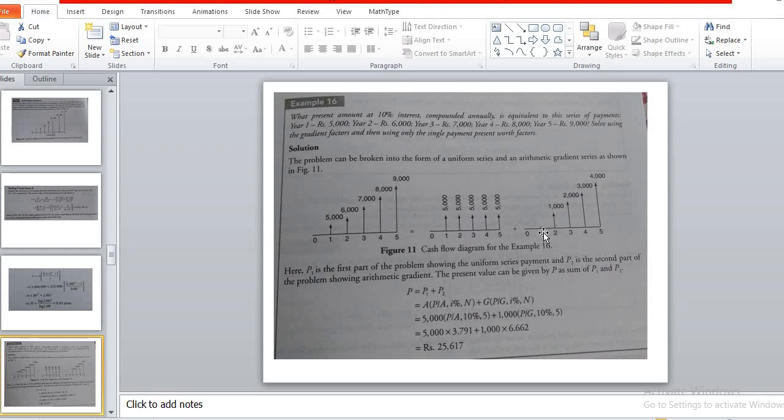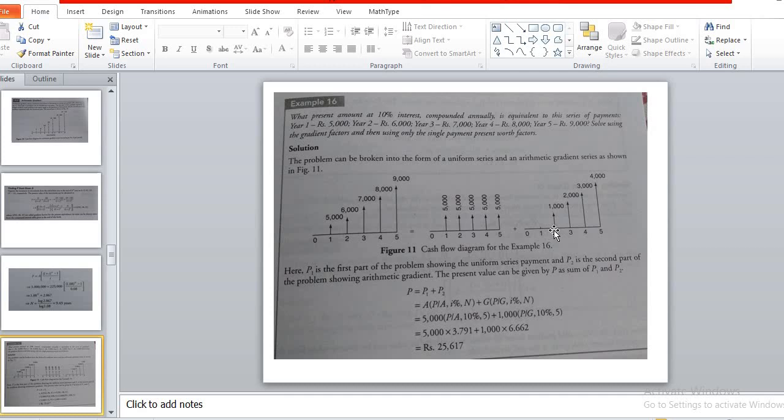At the end of the first period, at the second year there is an increment of 1,000. For the third year this increment will be 2,000. For the fourth year it will be 3,000, and for the fifth year 4,000, like that.